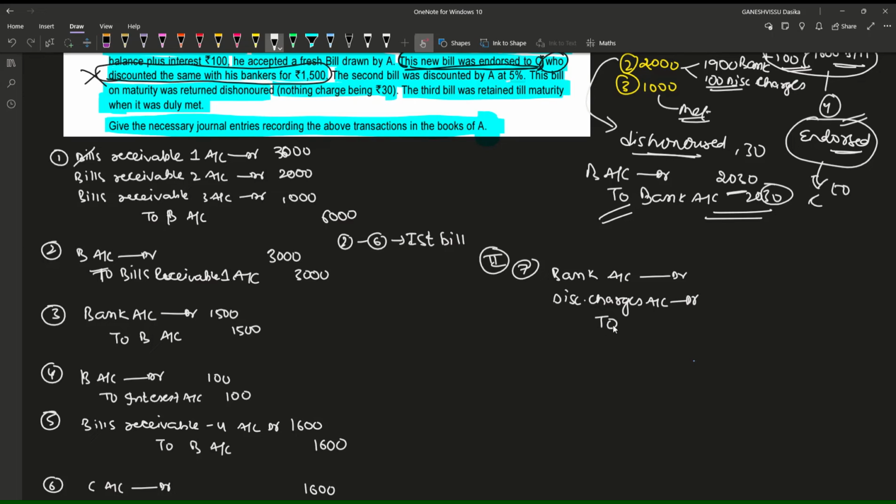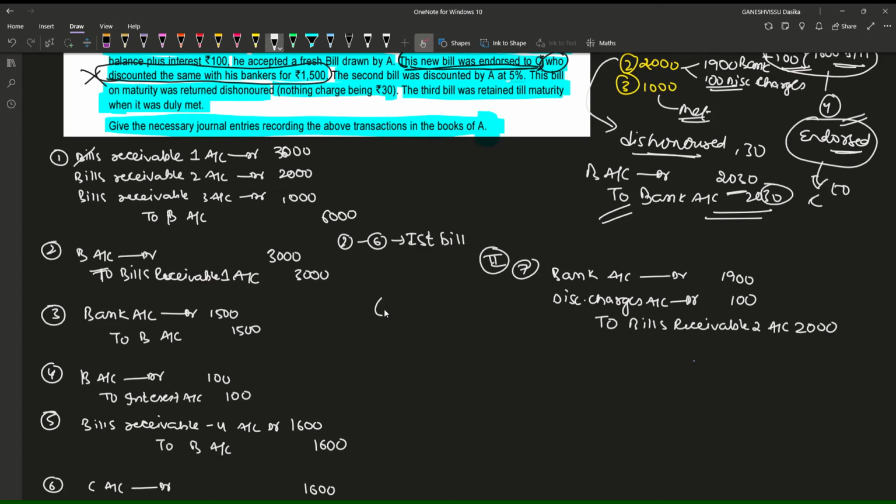Because we are discounting the bill with the bank, we write bank account debtor, discounting charges account debtor to bills receivable. So 1900, and discounting charges are 100 rupees, 2000 is the amount.